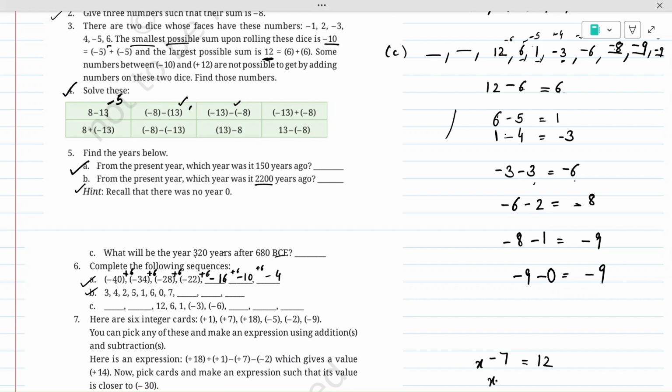So what is that number? That number is 12 plus 7. That means we have 19 here. Okay, so we have 19. Similarly, again we are going to do the same thing.